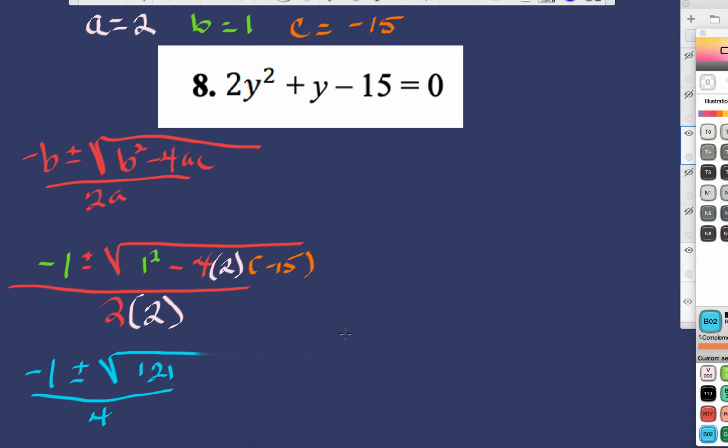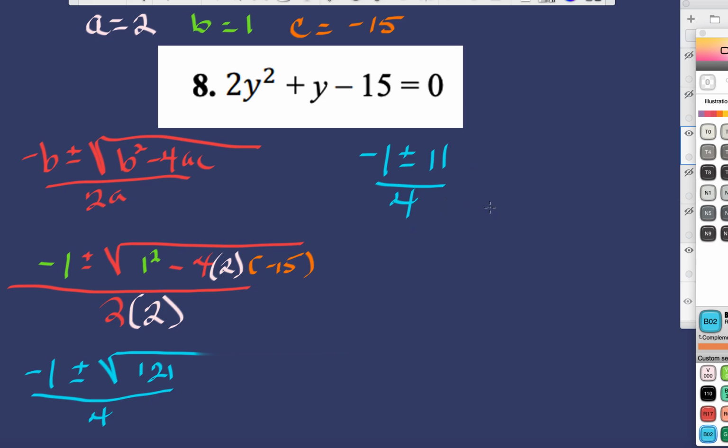Okay, so let's move on. Let's take the square root of 121. Hey, wait a minute. That is a perfect square. 121. We like 121. That's 11. Okay, so let's start rewriting it up here. Negative 1 plus or minus 11 divided by 4. Go figure.